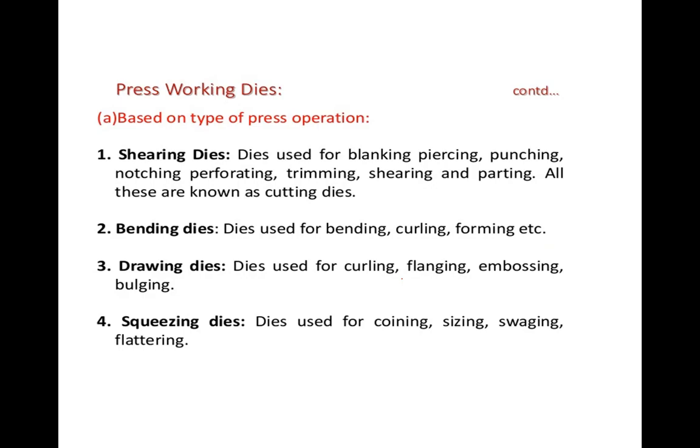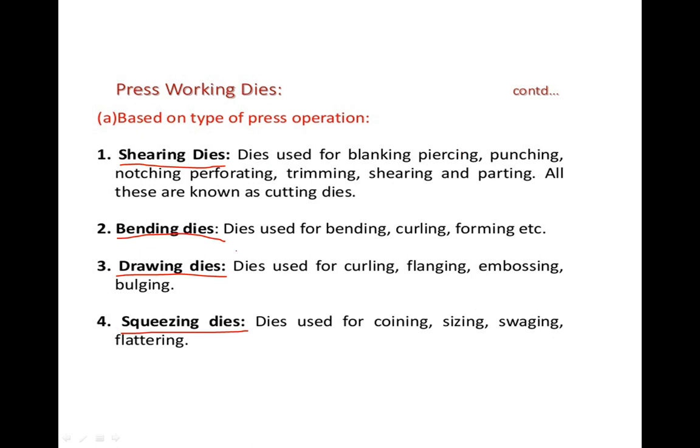called a die. Based on the press operation, the dies are classified in 4 categories: cutting die, that is shearing die, bending die, drawing die and squeezing die. If the die is used to cut the material, then it is called a shearing die.